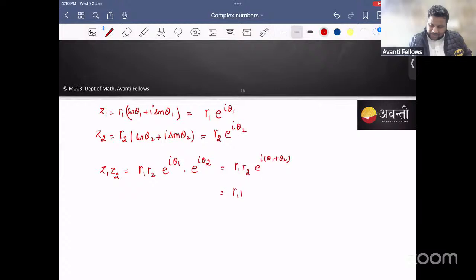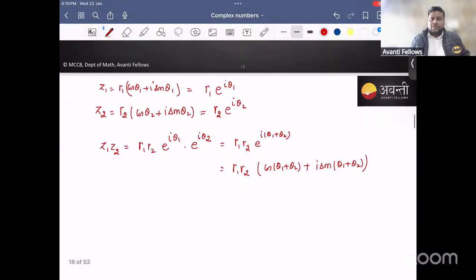So that is r1 r2 [cos (theta 1 plus theta 2) plus iota sin (theta 1 plus theta 2)]. Am I correct? Now, do you realize that magnitude of z1 z2 is going to be r1 into r2? That is magnitude of z1 times magnitude of z2. Am I clear?